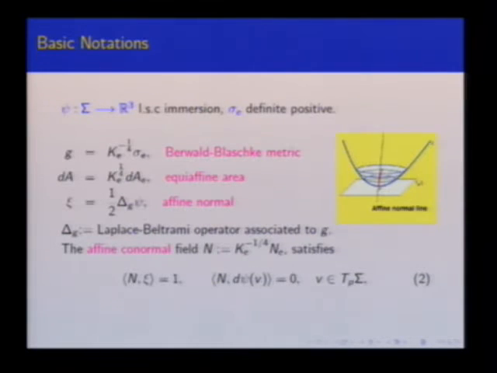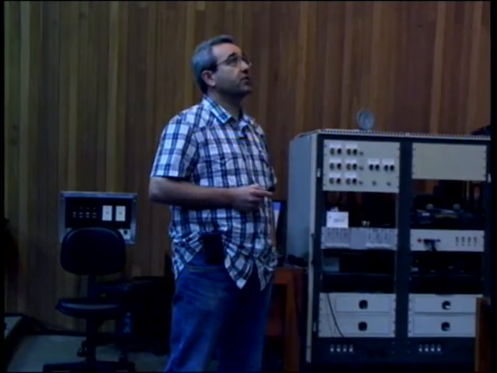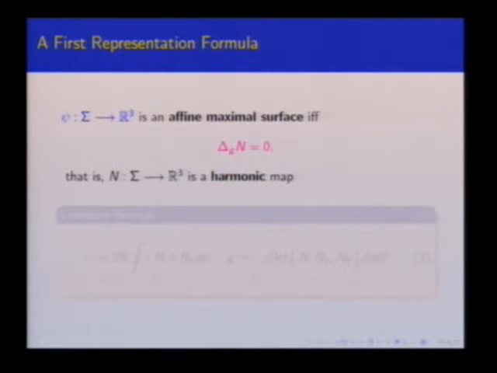Then, using this basic notation, the Euler-Lagrange equation reads in a nice way, because affine maximal surfaces means that the affine conormal is always a harmonic map when you consider the conformal structure induced by the affine metric G. So we have a beautiful way to obtain affine maximal surfaces using harmonic maps.